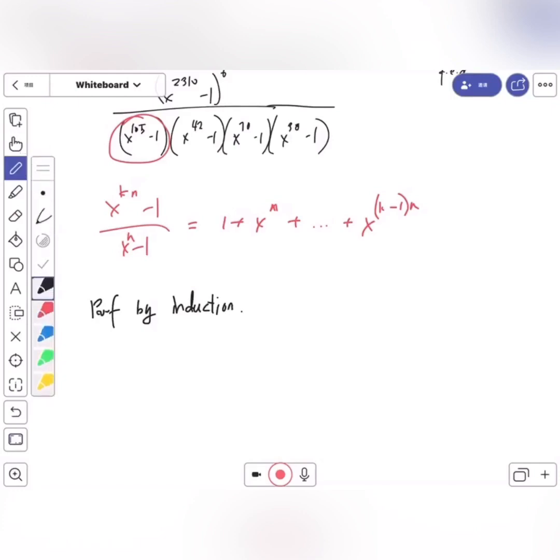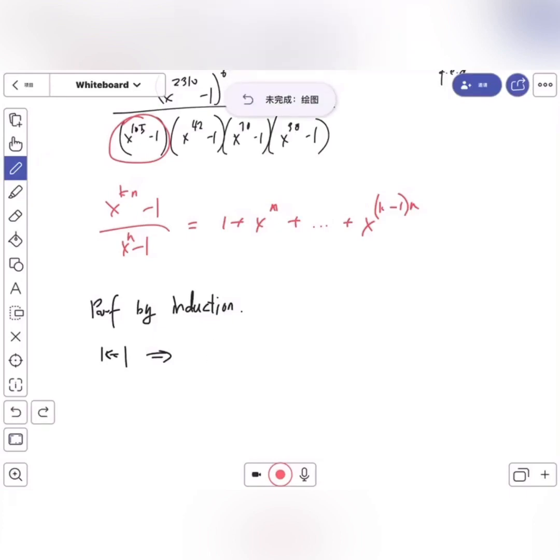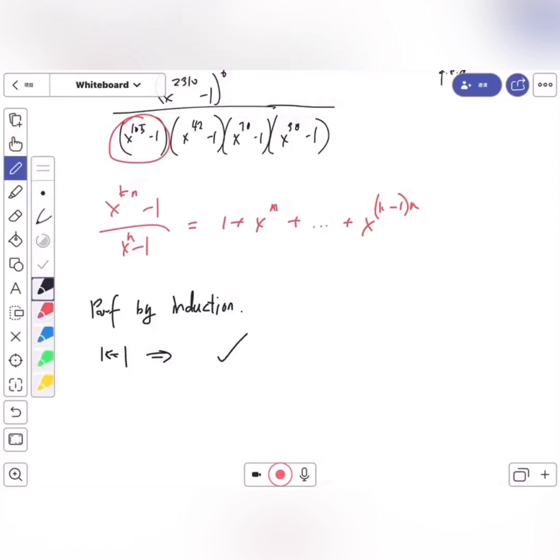So the base case is when k is equal to 1. This one's essentially true, since when we divide the same number by itself, we're going to get 1, which was just our base case. So true. Now, inductive step.